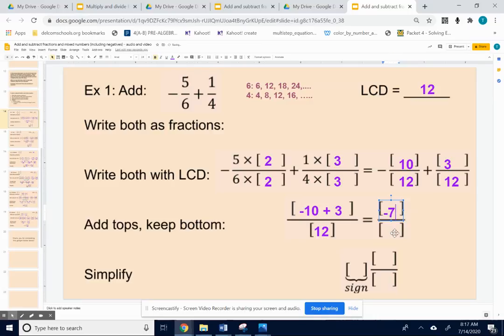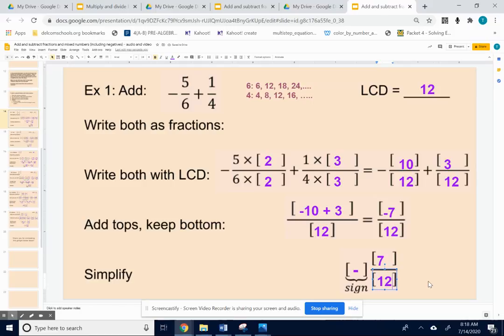So that's -7, and then you have the 12. Notice 7 over 12 is reduced. The only thing I want you to know is that it's also okay to take that negative symbol that's in the top and put it on the outside. So negative 7 over 12 is the same thing as negative 7/12.